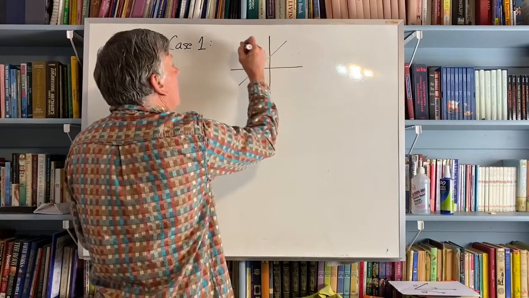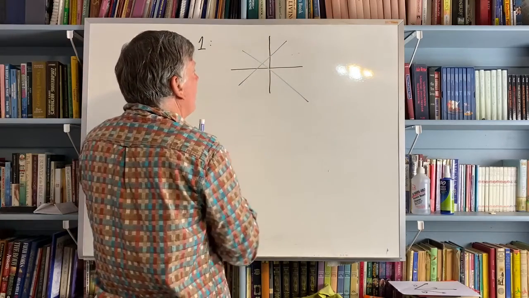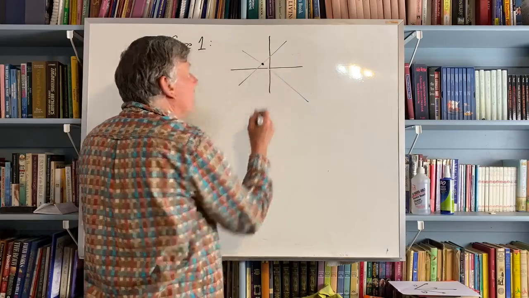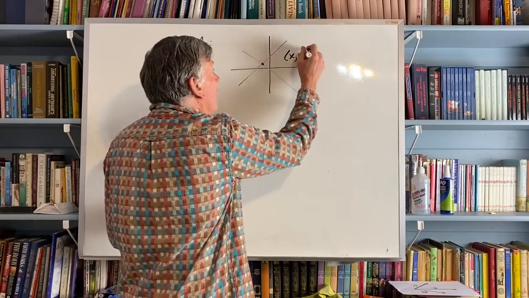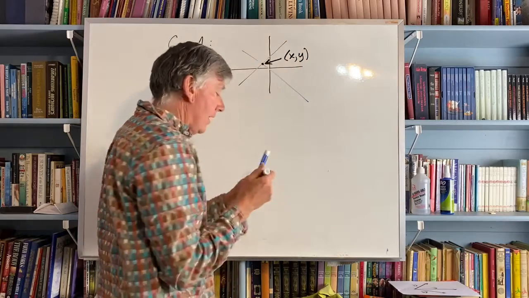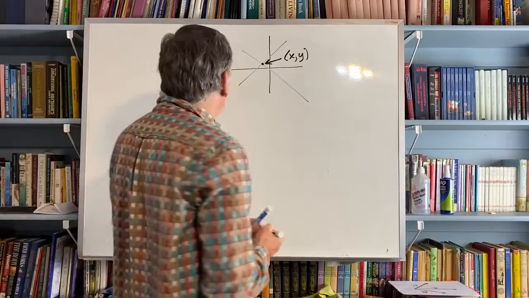There's one, there's the other. Where they cross is your single xy coordinate. That is your answer. That's usually what you're going to see.